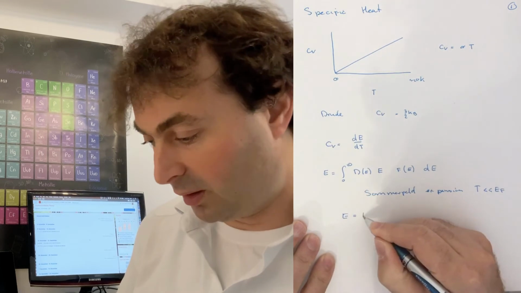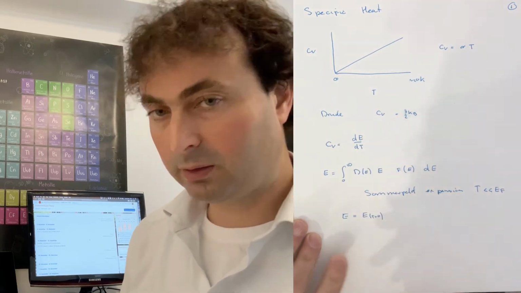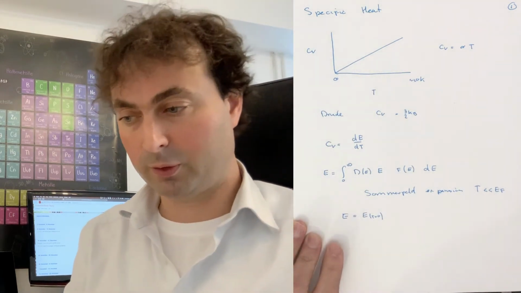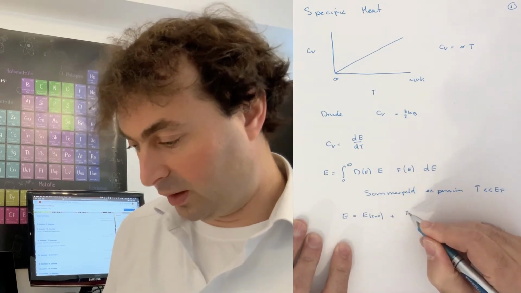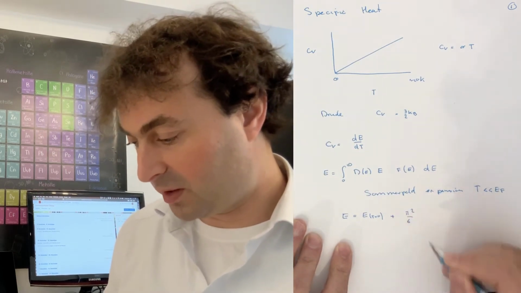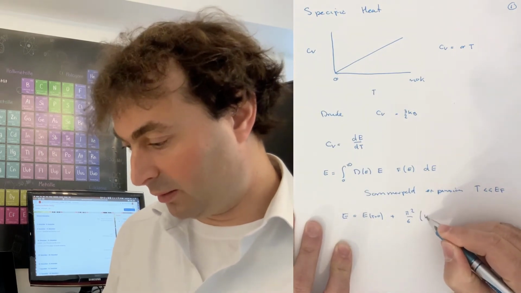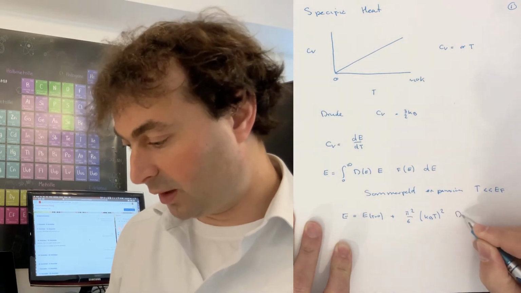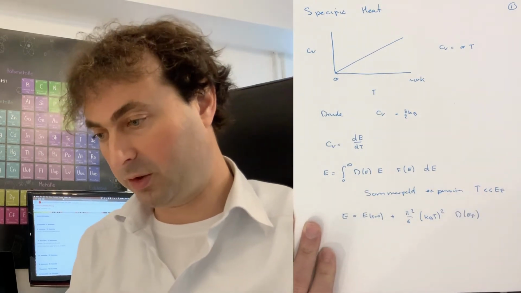And the energy is then given by the energy at T is 0, which is the first term in the Sommerfeld expansion where you integrate up to the Fermi energy, plus the correction: pi squared over 6, where pi squared comes from the zeta function, times K Boltzmann T squared times the density of states at the Fermi energy.